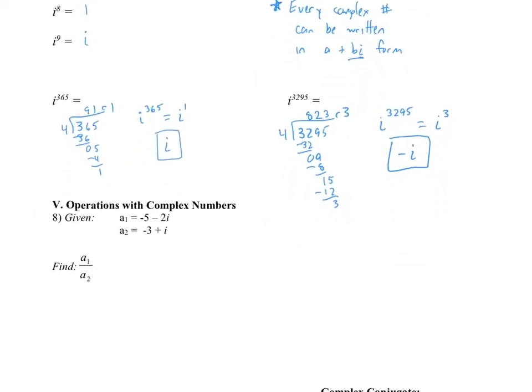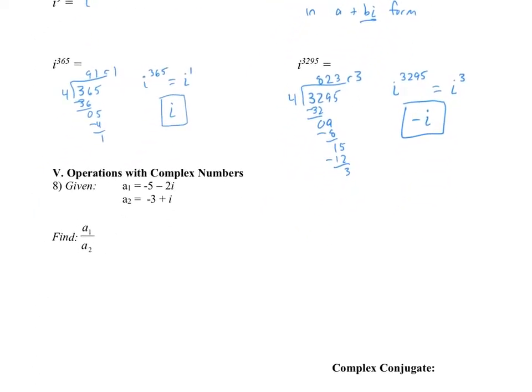So moving down to example 5, we can do all sorts of operations with complex numbers. I can add them, subtract them, multiply them, divide them.